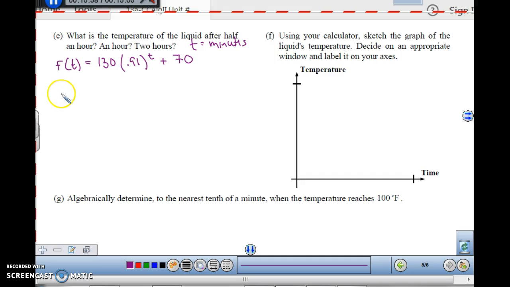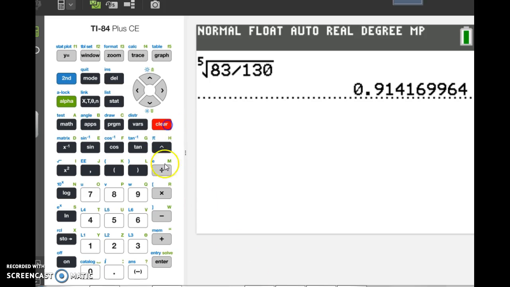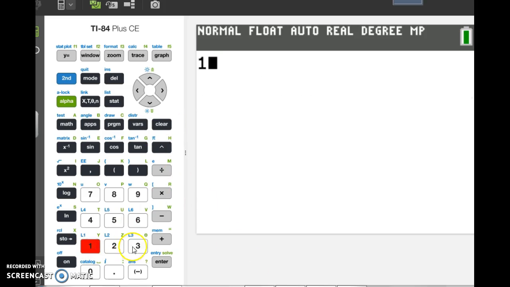So half an hour would be f of 30. So it's 130 times 0.91 to the 30th plus 70. So we go to our calculator. 130 times 0.91 raised to the 30th power, and then plus 70.